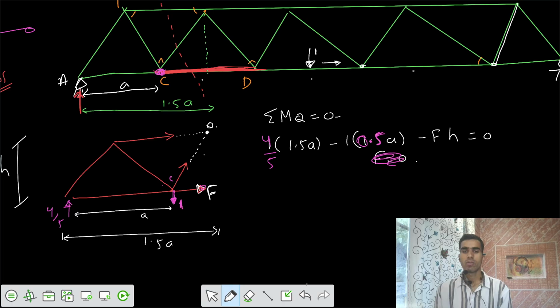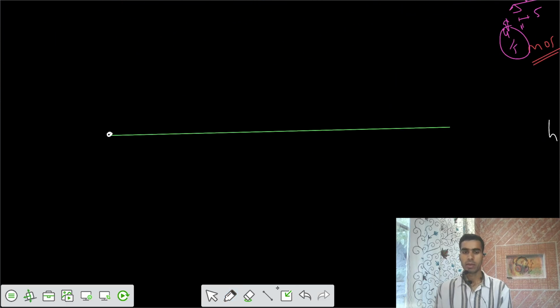Finally I solve for F, and the F ordinate would be equal to 0.7A by H. We got one more ordinate, 0.7A by H, positive.